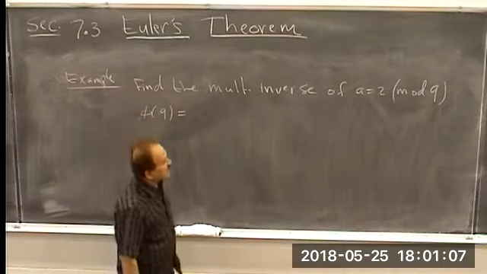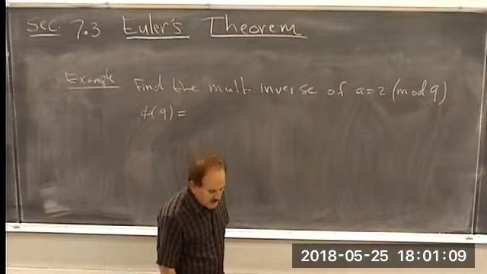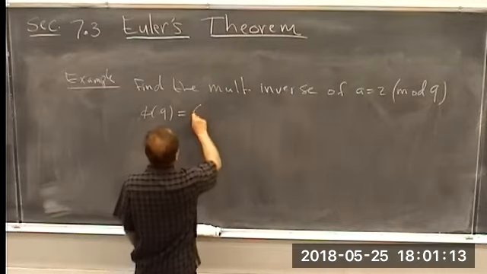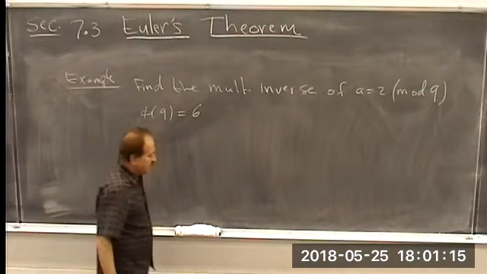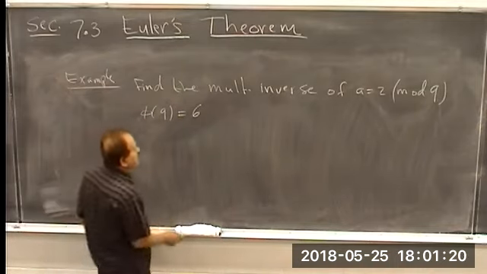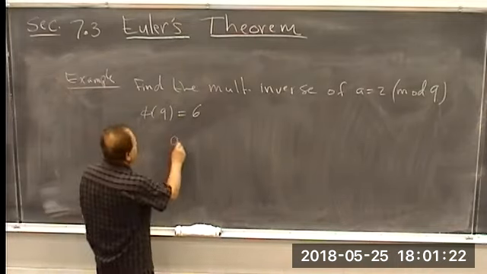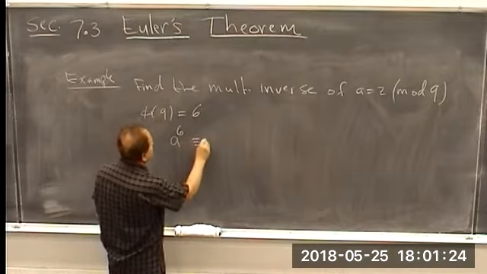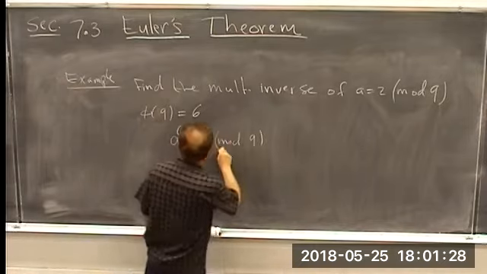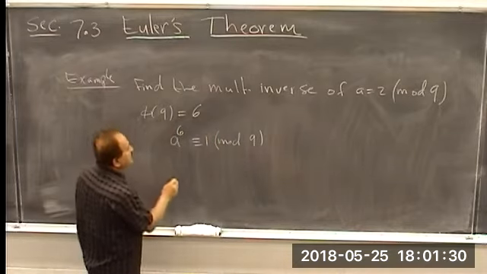Integers between 1 and 9 relatively prime to 9, and there are how many of these? 6. Or you could use, of course, the formula for phi of 9. So now we know that a to the 6 is congruent to 1 mod 9, and here a is actually 2.